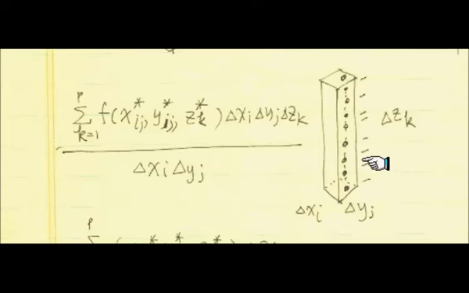So the mass of each cube will be the density, which is represented by this f function, times the volume of each cube, which is delta xi and delta yj and delta zk. If you multiply these things, that picks up the mass of each cube along the z-axis.